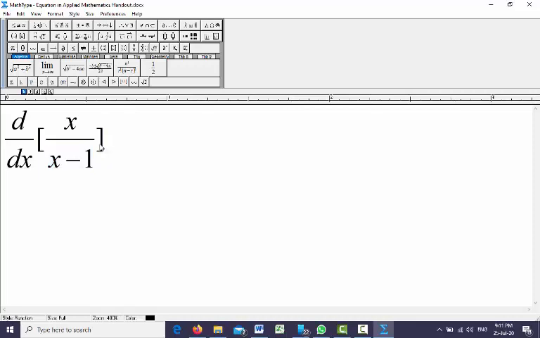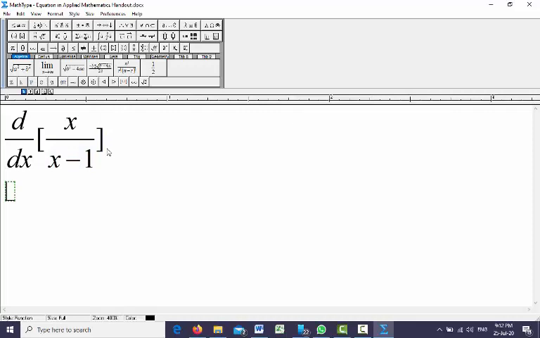But without bringing this one up, you can do the differentiation if you apply the division rule of differentiation. That means you do not need to move this one up if you know the division rule of differentiation. So I'm saying again, to do the differentiation, you don't have to move this one up if you know the division rule of differentiation.